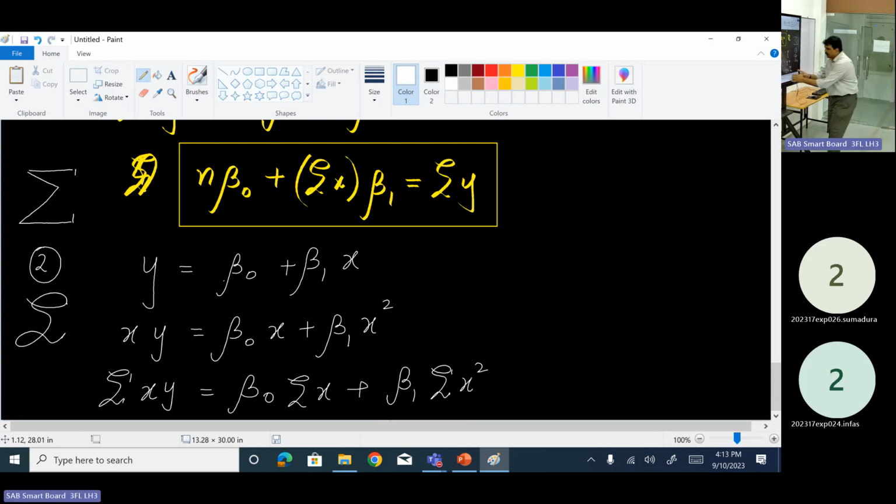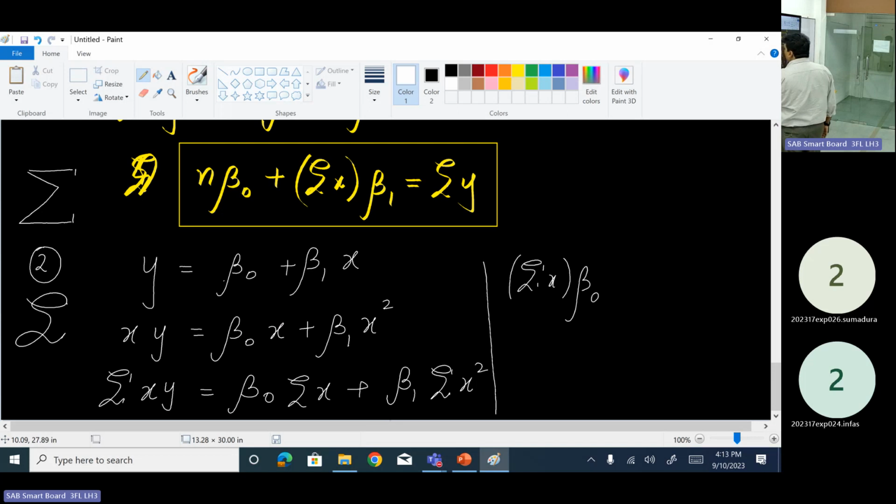Okay. So here also we rearrange. This is known, so we'll put this first, and we'll just change the sign. So it's sigma x beta naught plus sigma x squared beta 1 equals sigma xy.